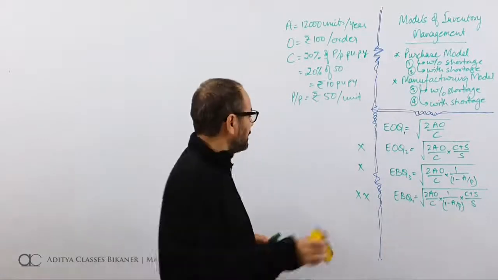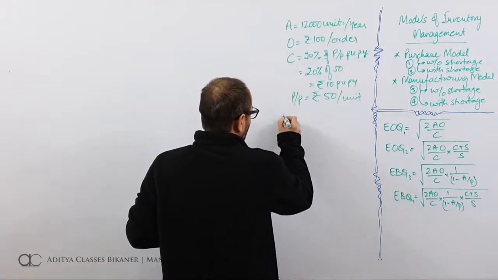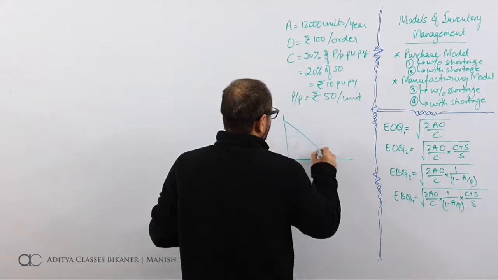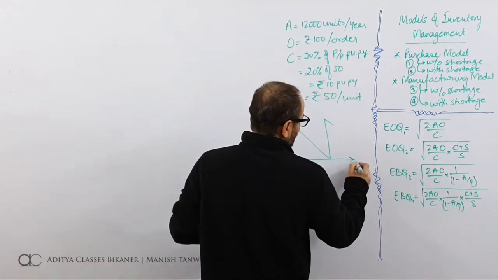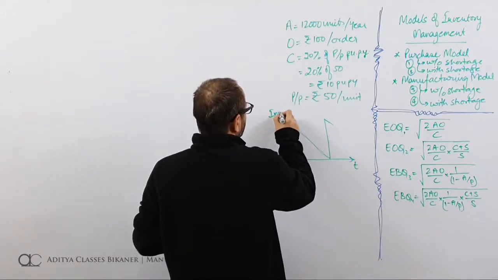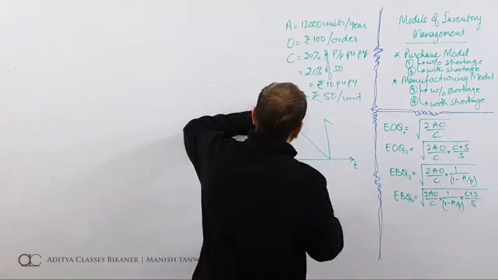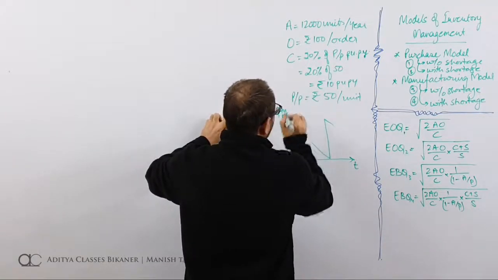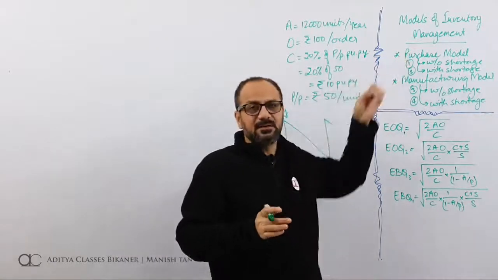Now let us try to recap the purchase model without shortage. Whenever I draw this graph, students always ask, is it necessary to draw the graph? It is not necessary, but the idea behind plotting this graph is that we come to know what the various parameters related to this model are. Not inventory, let us call it quantity.